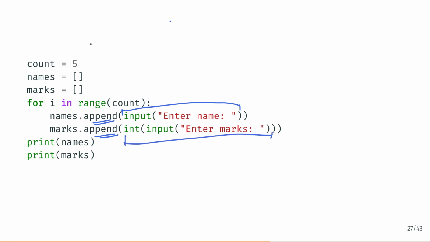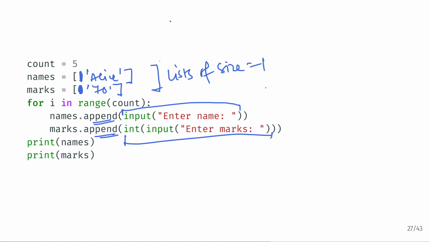So let's say initially names and marks are empty. After the first iteration, the user provides the name Alice, so names would contain one element, Alice, and marks would contain the marks of Alice, let's say 70. So at the end of the first iteration, names and marks would be lists of size 1.